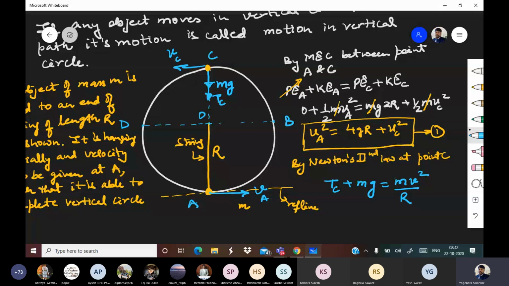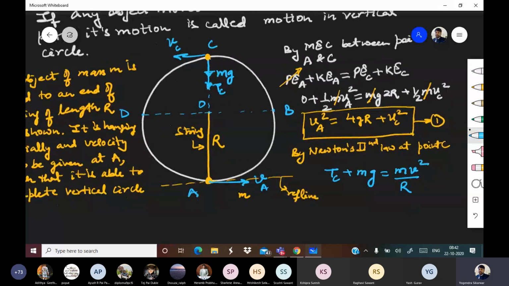So Tc plus mg is equal to mv square by r. Let me call it mVc square by r, rather than just v square, because we are at point C. Now pay attention.